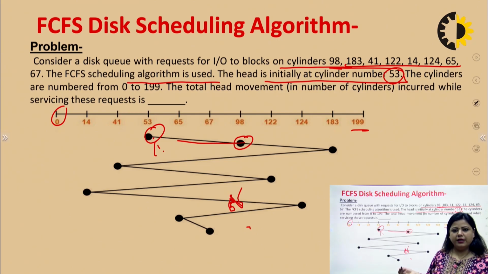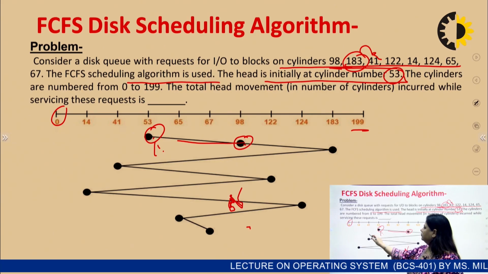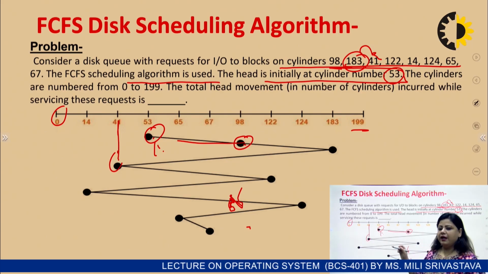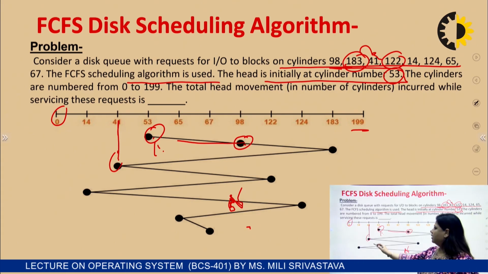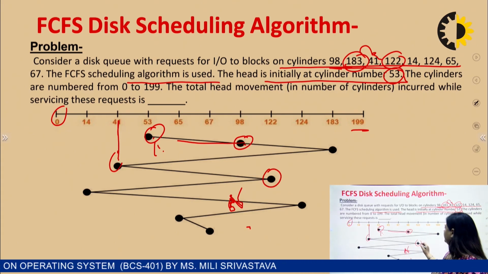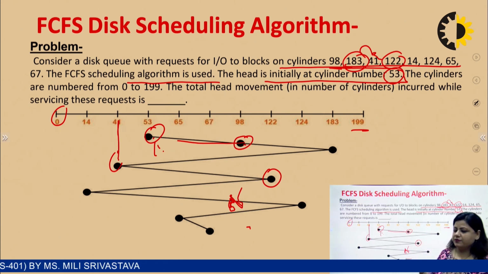After 98 there is 183, so the head moves 98 to 183, and after that 183 to 41, so the head further moves 183 to 41, and after that 41 to 122, so the head moves from 41 to 122. So these are the head movements according to FCFS, first come first serve basis, as given in the string.